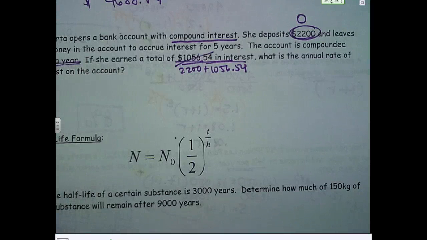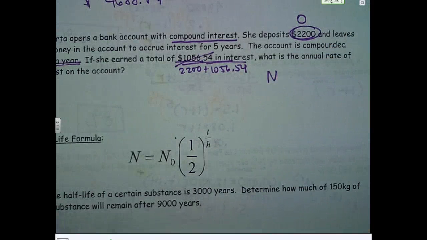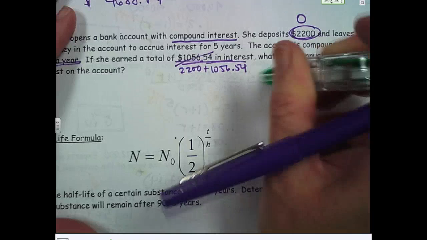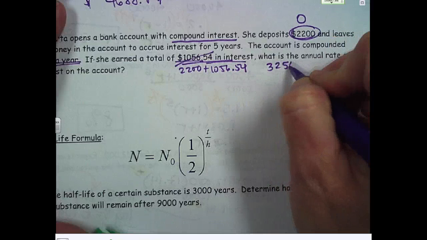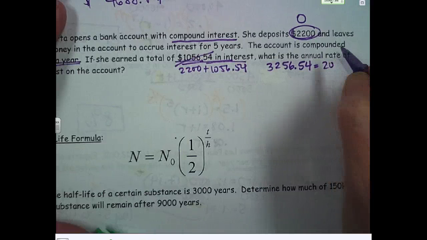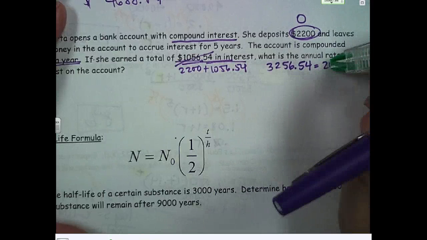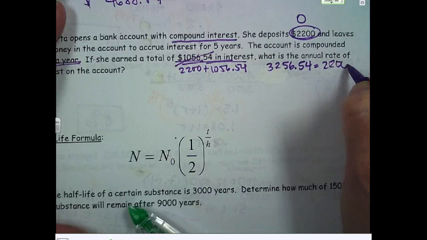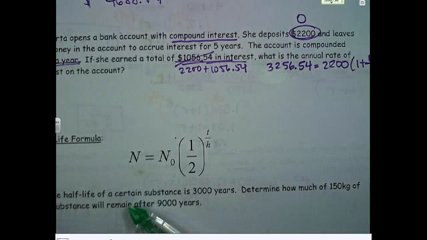Okay, so let's set up our equation. Our new amount was 3256, equals our $2,200 we started with, and then 1 plus r divided by, what number there? r is our rate.